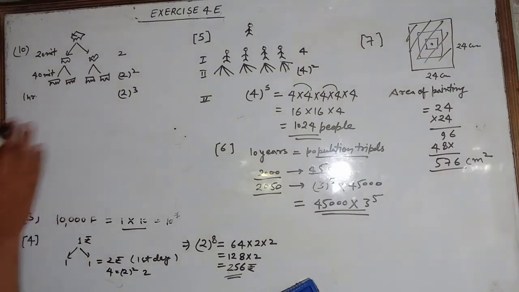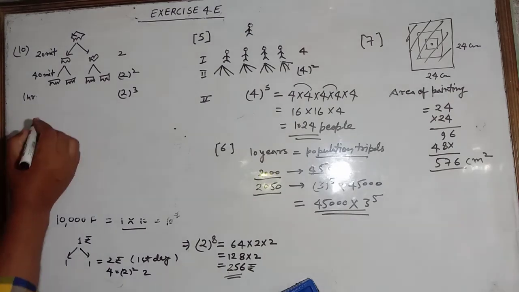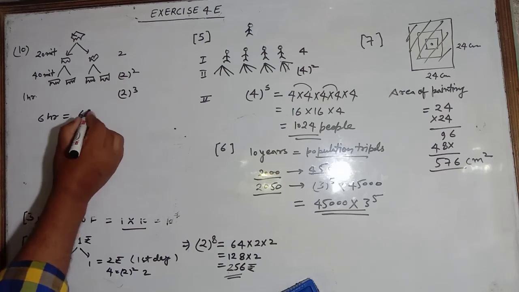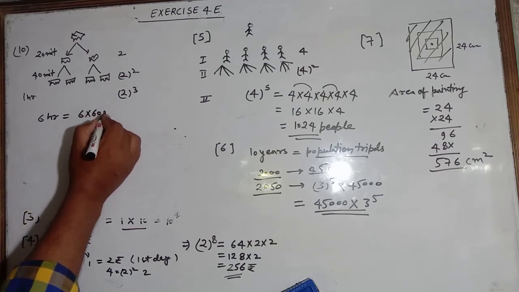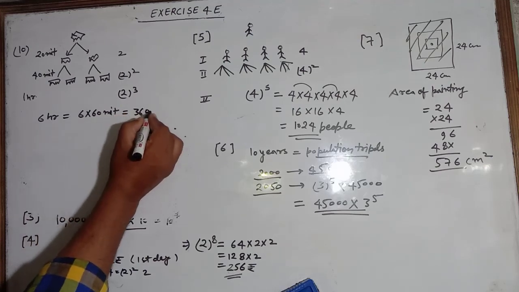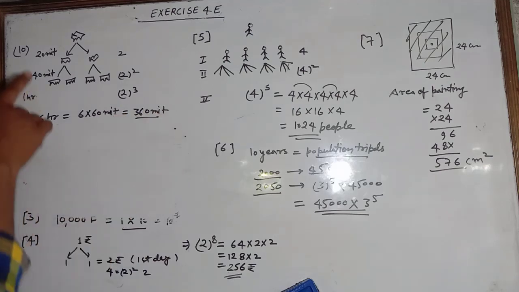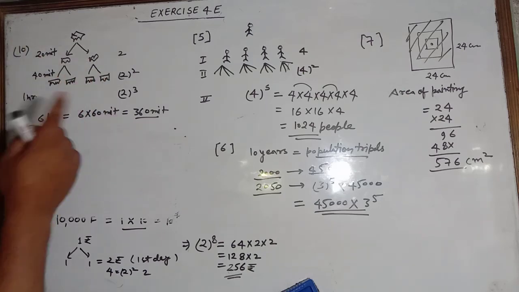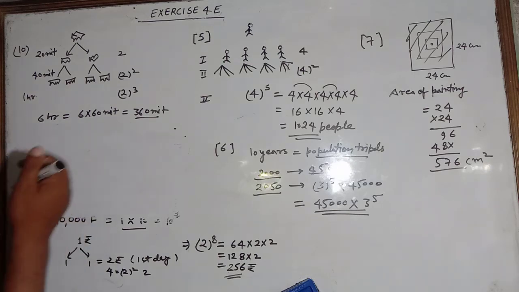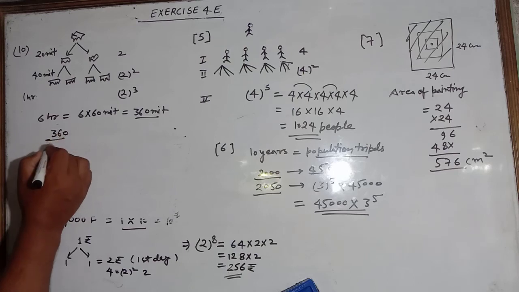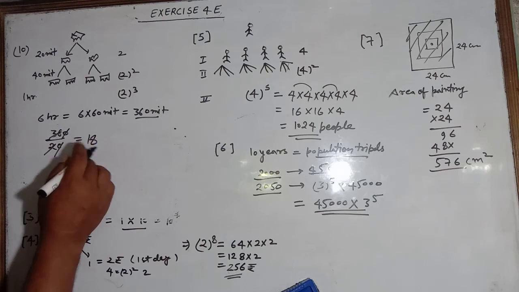In 1 hour it is 2 to the power 3. So in 6 hours, 6 hours is equal to 6 into 60 minutes, which is 360 minutes. In 20 minutes it will be 2, in 40 minutes it will be 2 to the power 2. So in 360 minutes it will be 360 divided by 20. 2 ones are 2, 2 eights are 16, means 18 times.